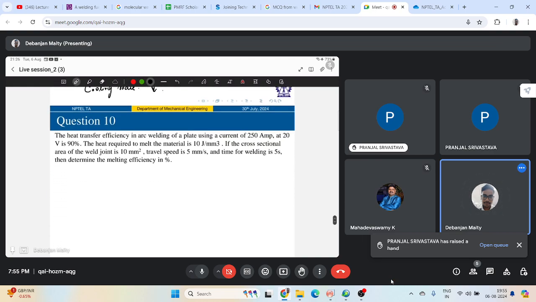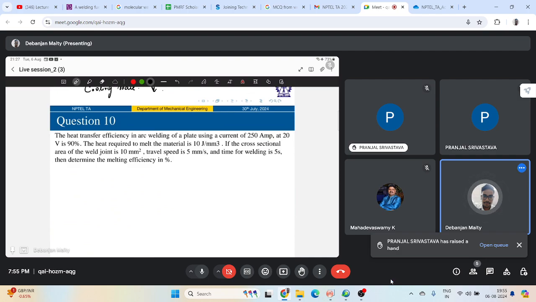Okay, I'm moving to the last question of today's session. If you have attended the first session, there was a similar type of question in terms of finding out the efficiency. So I have kept the same type of question again. Let's quickly solve this question.